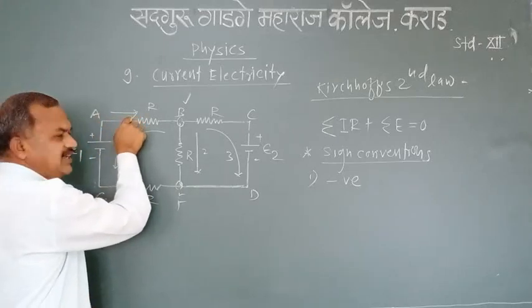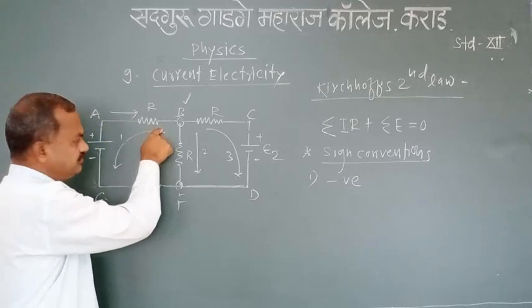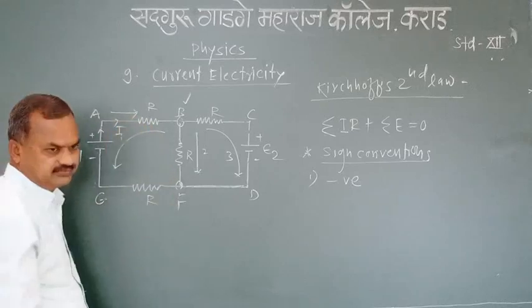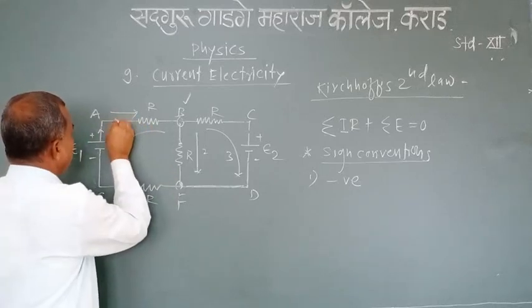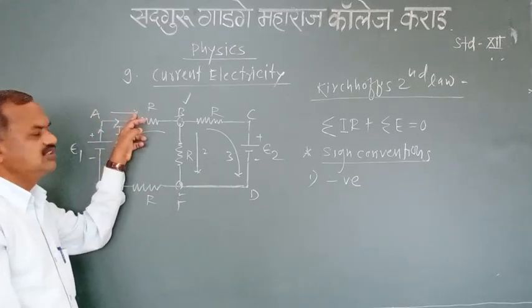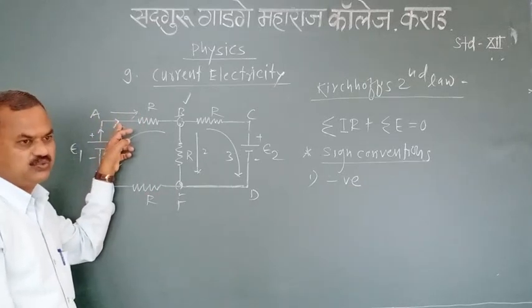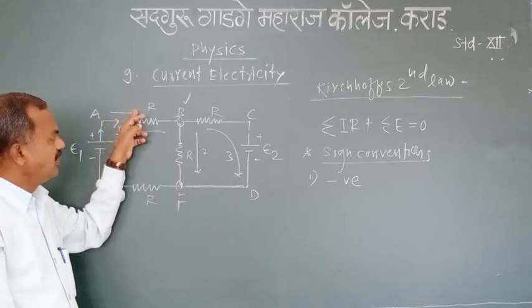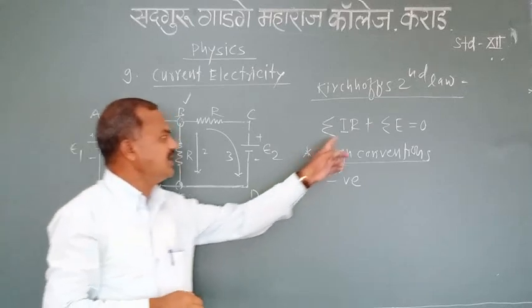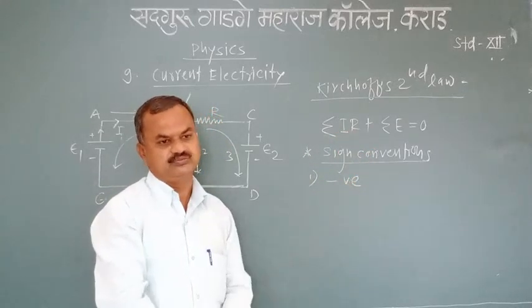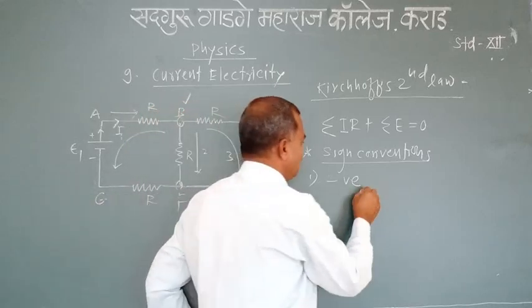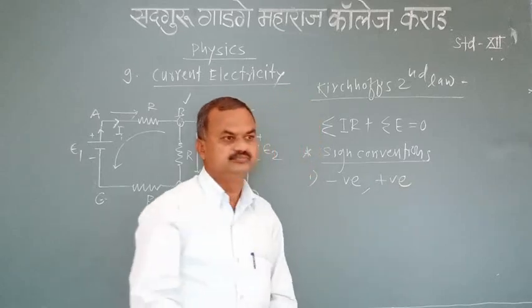If this arrow indicates the direction of tracing the loop and this arrow indicates the direction of current, and both arrows have the same direction, then the product of current and resistance, that is IR, is taken as negative. Otherwise, it is positive. This is the first sign convention.